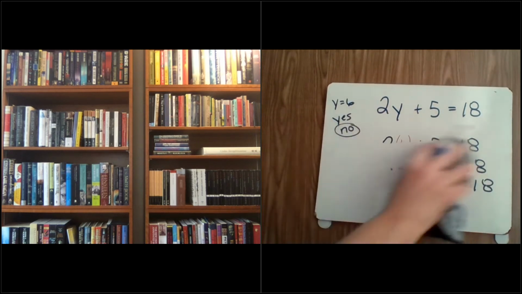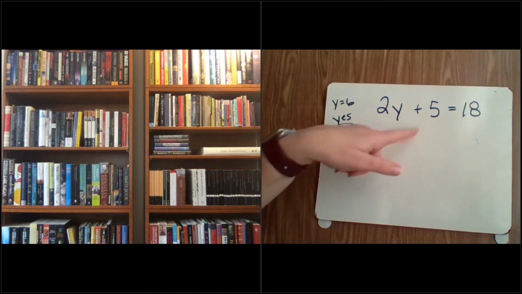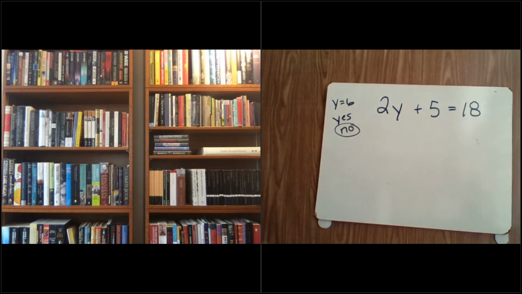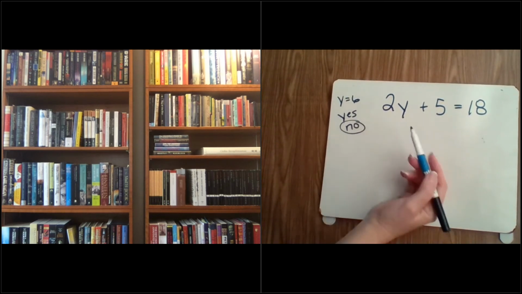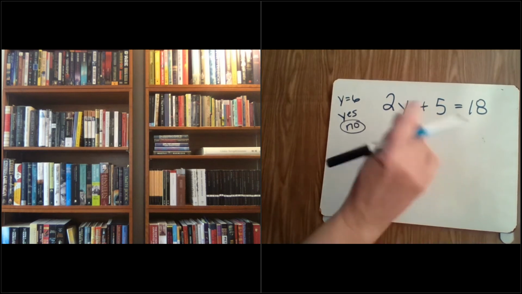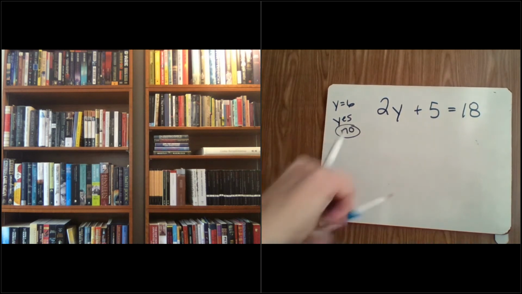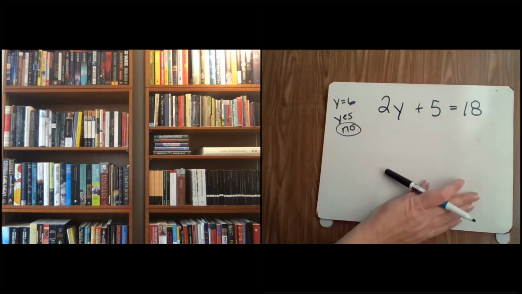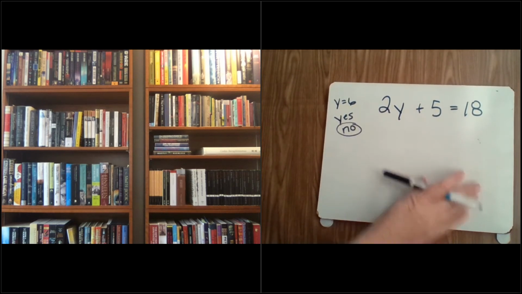For grins, I'm going to go ahead and show you how we would have solved this problem. That's another good strategy to use for something like this. You could solve it and find for yourself what y is supposed to equal, and then you'll know if their suggestion was correct or incorrect. The most important thing when you've got a multi-step problem is to set a plan in your head: when I'm finished, where do I want my y's and where do I want my numbers?